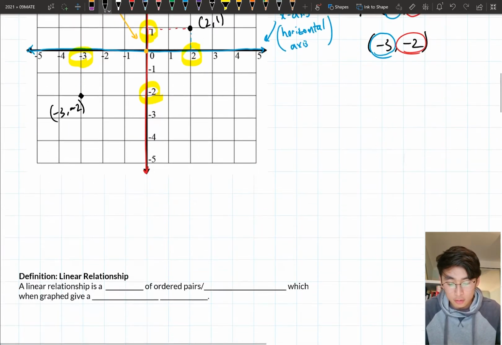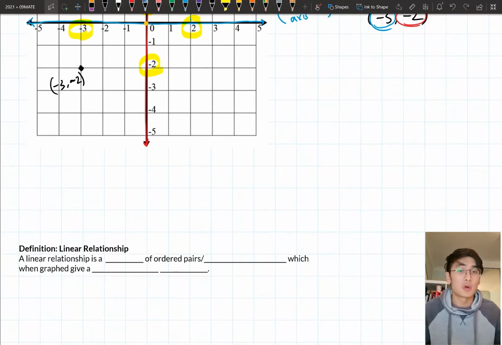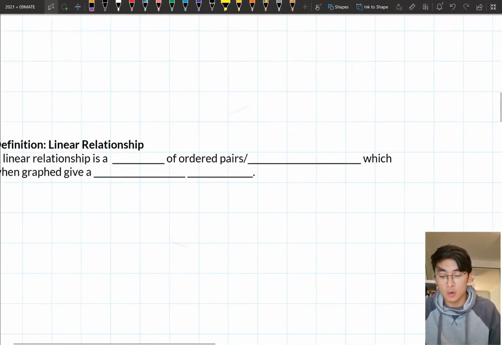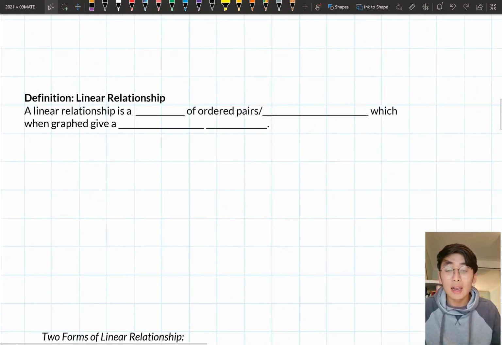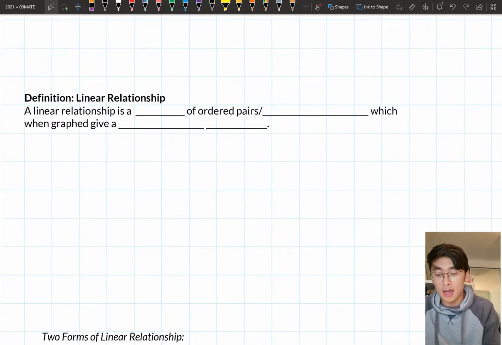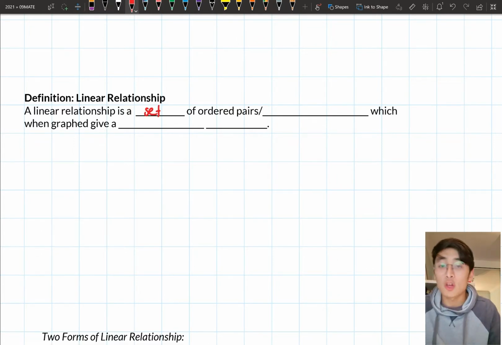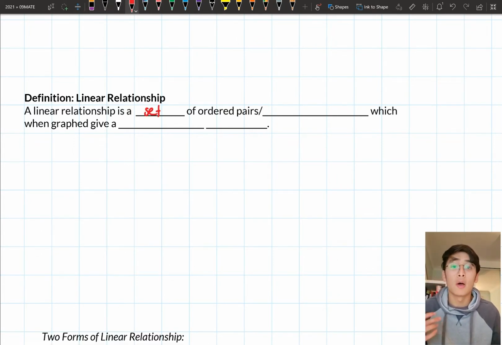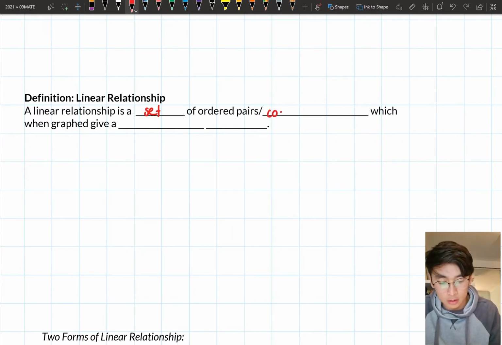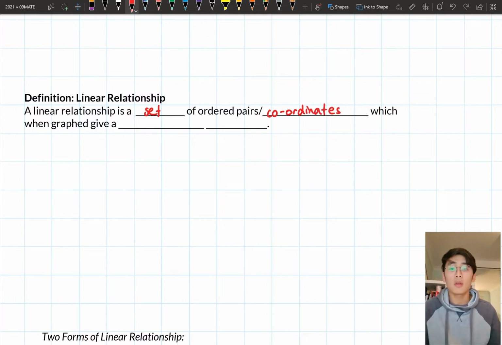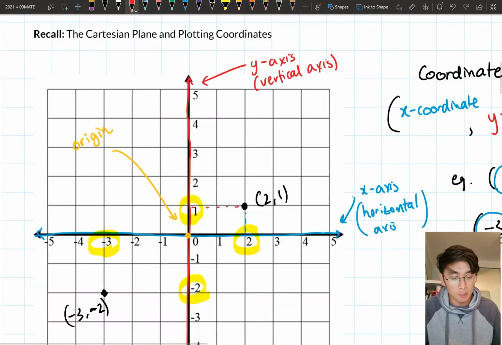What we're going to actually do using this is we're going to start talking about what linear relationships are. Now, here's a quick definition. A linear relationship is a whole bunch of ordered pairs. Now, ordered pairs is just another way of saying coordinates, because, as you've noticed, our coordinates are made up of pairs of numbers.